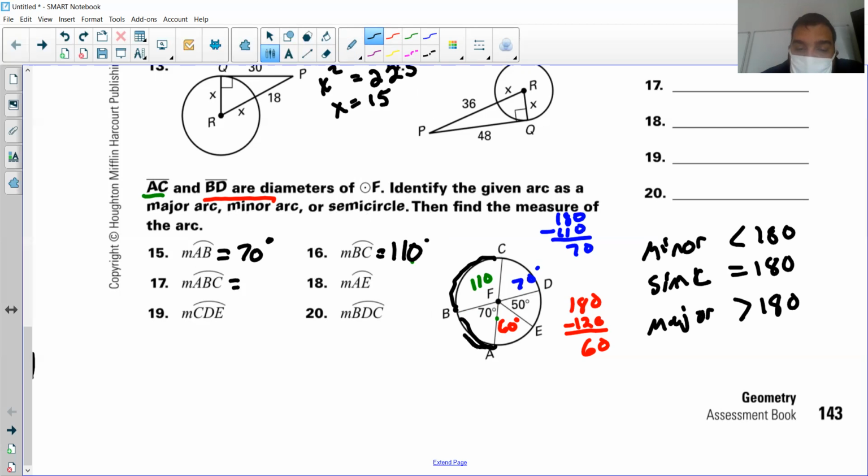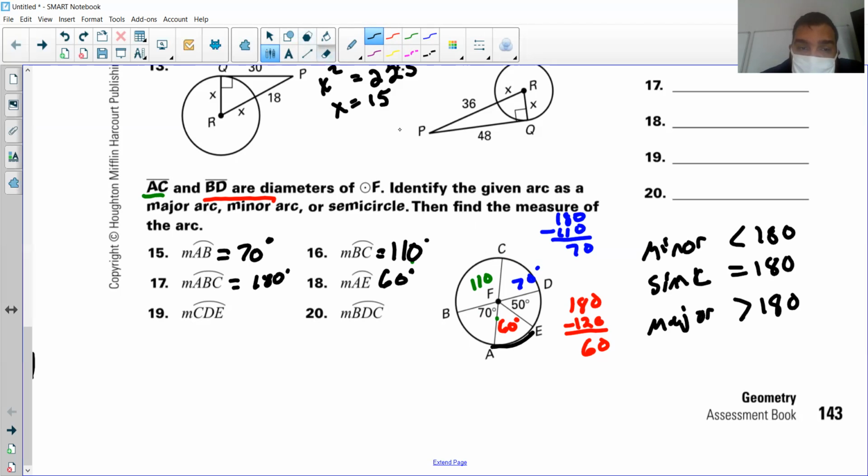ABC, so A passing B to C. You've got to get everything included in that one move. So A to C, that means 70 plus 110 is 180. You also know that because AC is a diameter, and diameters cut the circle in half. AE, from A to E, so here to here, that's simply 60. We found that earlier.